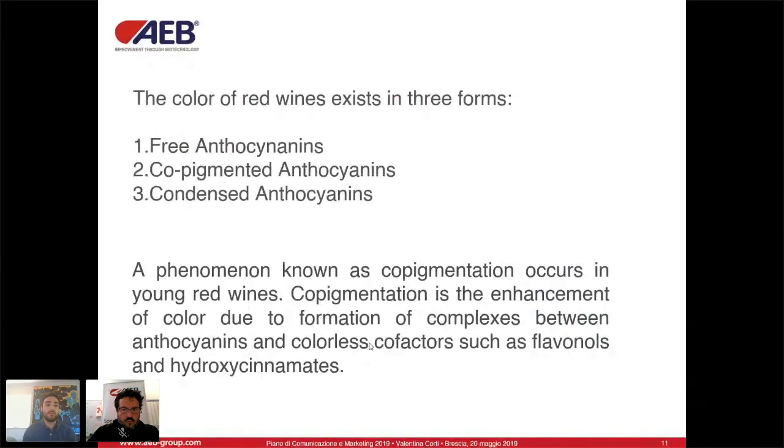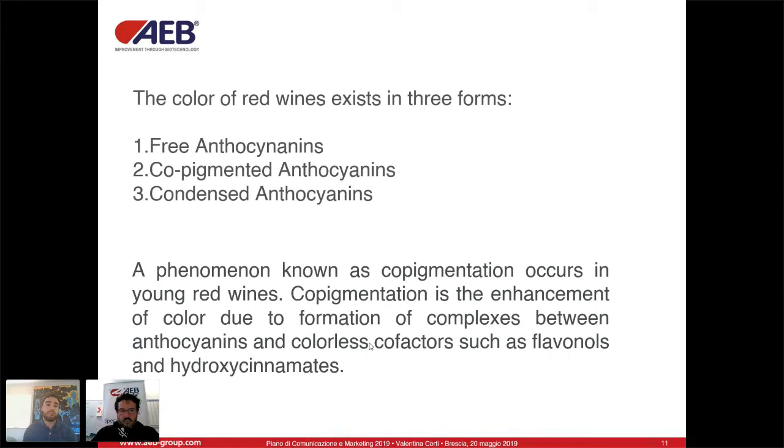And in a young wine, the color is stabilized by copigmentation. Copigmentation enhances the color of the wine and is a complex between an anthocyanin and a cofactor that is colorless, that could be other monomeric tannins or phenolic compounds.